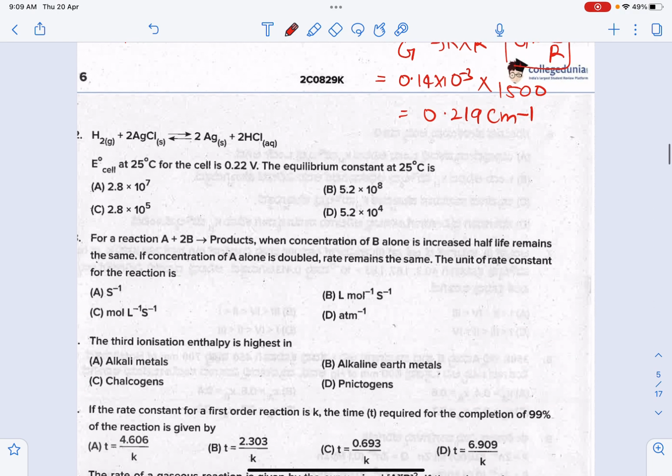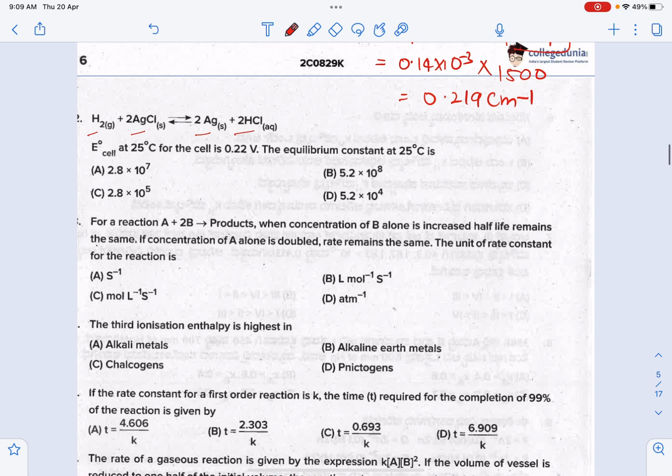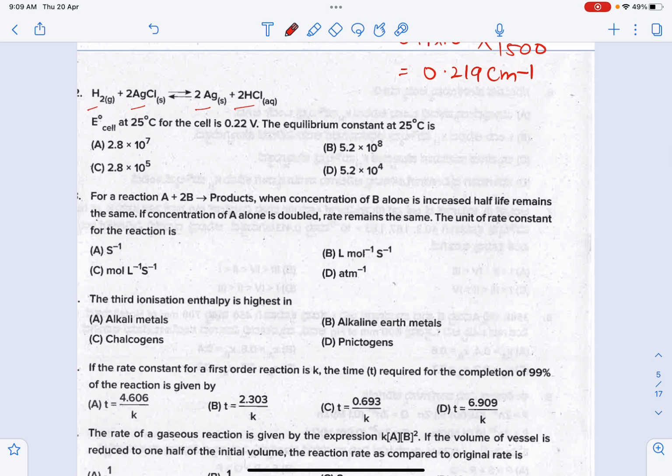Now the next question is: hydrogen plus silver chloride react, forming silver and hydrogen chloride. E cell at 25 degrees Celsius for the cell is given, and the equilibrium constant at 25 degrees Celsius is asked.